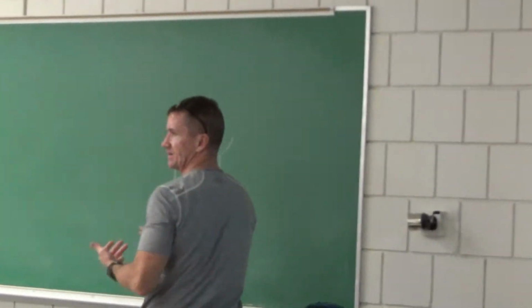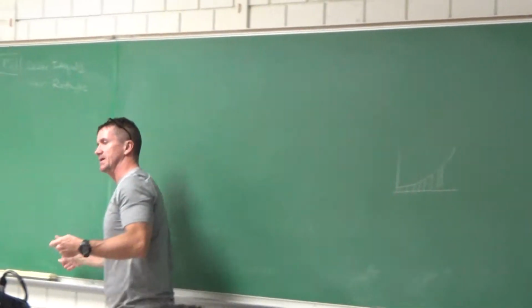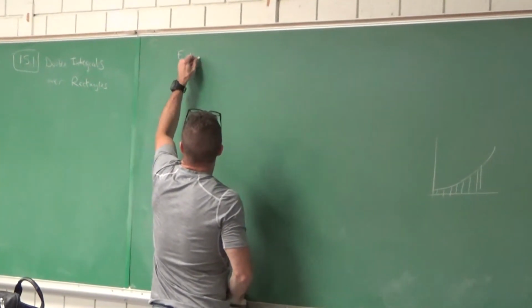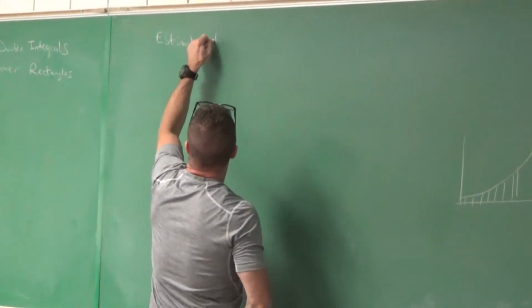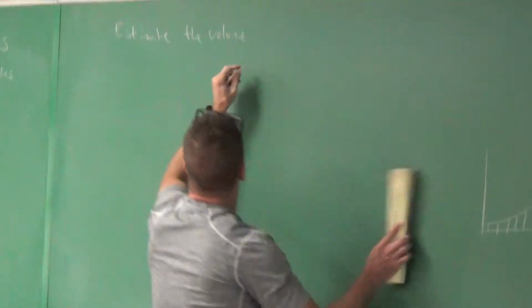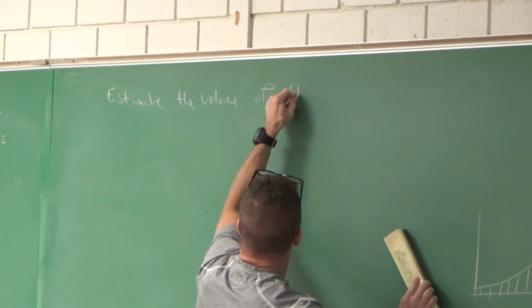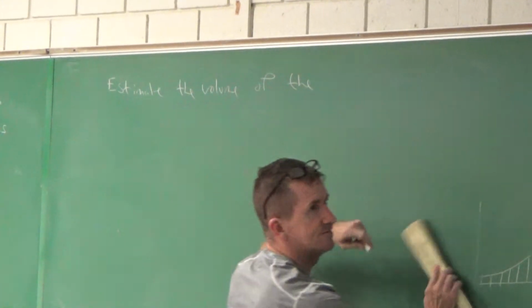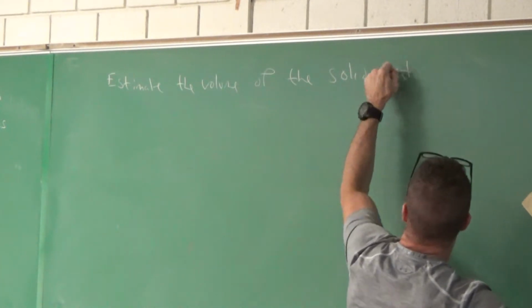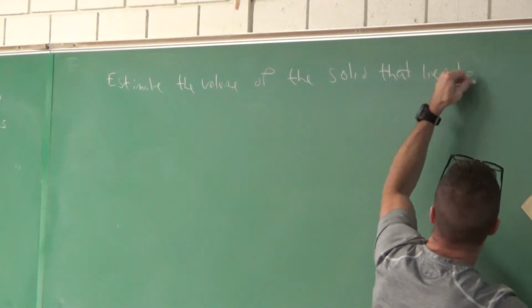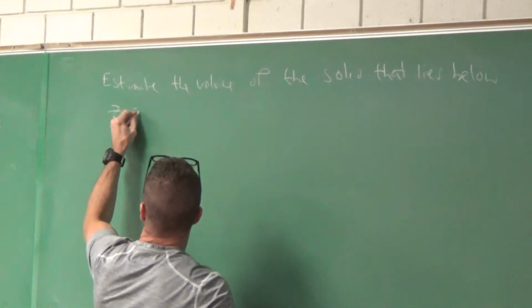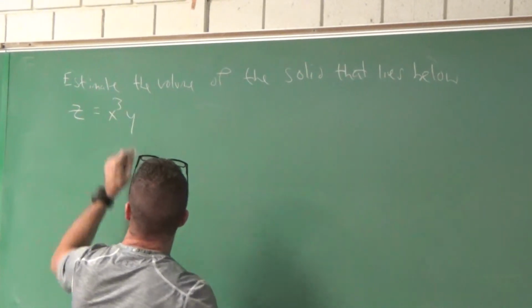So we have to go back and say, all right, we're going to estimate this volume here of the solid that lies below z equals x cubed y.